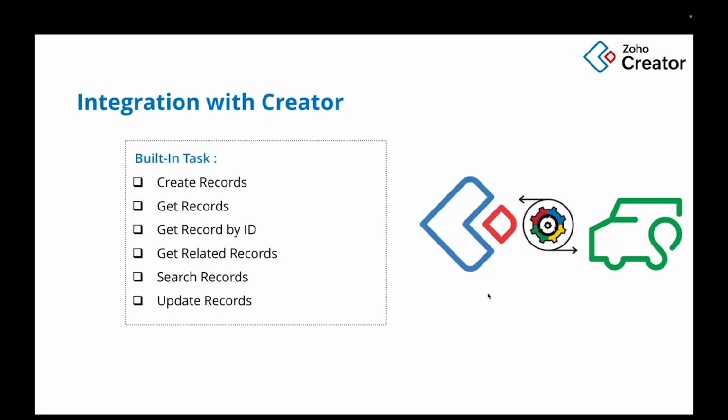To achieve that, we have the built-in tasks: create records, get records, get record by ID, get related records, search records, and update records. With the help of these built-in tasks, I can integrate with Zoho FSM and track and maintain the customer details.